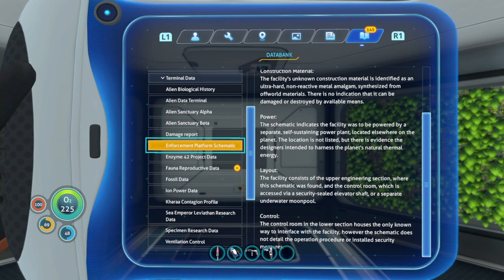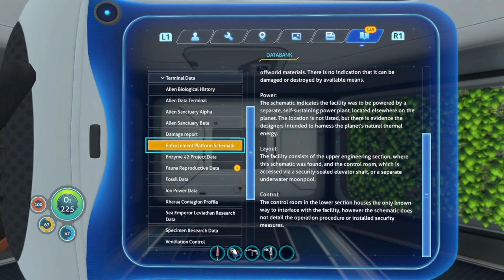The facility consists of an upper engineering section where this schematic was found, and the control room, which is accessed via a security-sealed elevator shaft or a separate underwater moon pool. Control. The control room in the lower section houses the only known way to interact with the facility. However, the schematic does not detail the operation procedure or installed security measures.